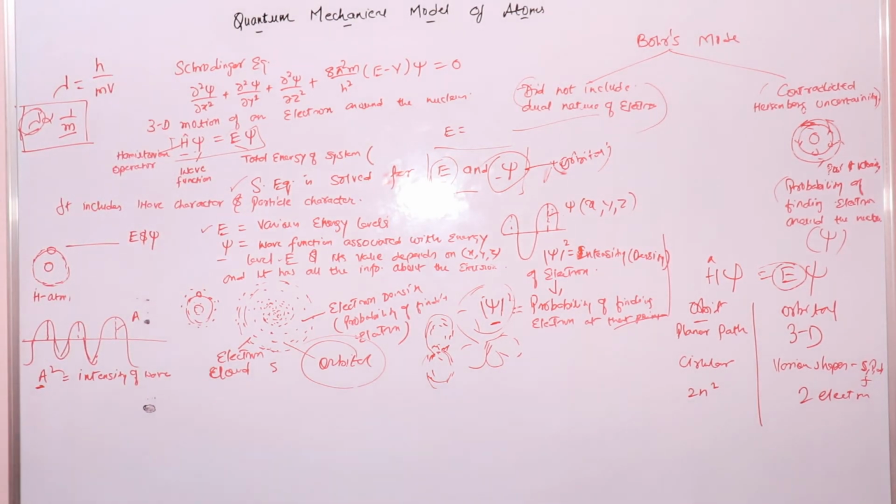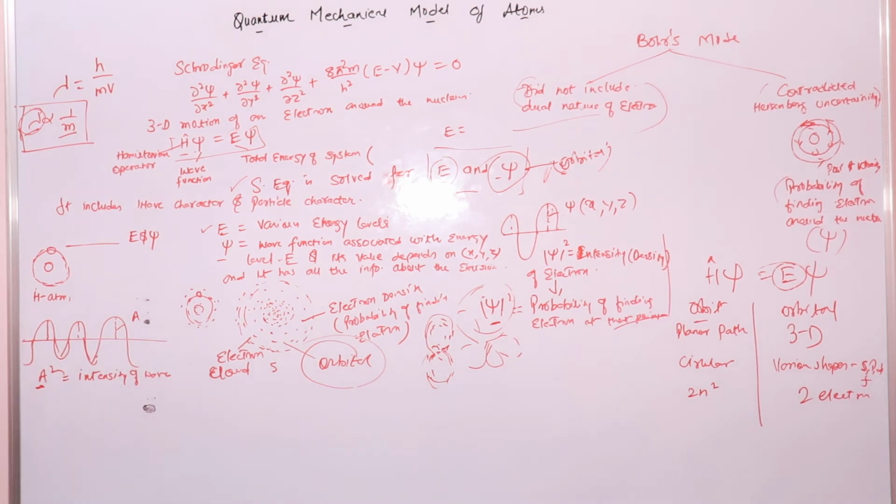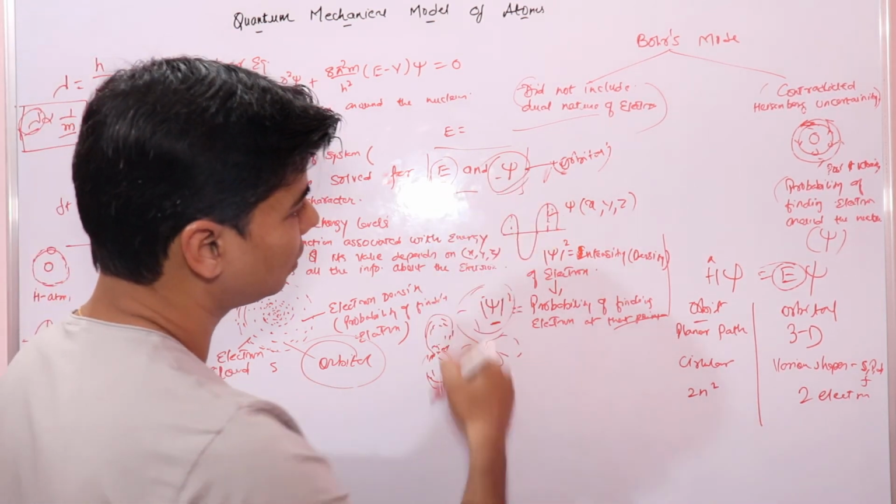And just remember the Schrödinger wave equation. One more thing: you may find in your books eigenvalues and eigenfunctions. Like I said in the beginning, the Schrödinger wave equation can be solved for the value of E and psi. The values of E, the energy, are called eigenvalues, and the corresponding value of psi is your eigenfunction.